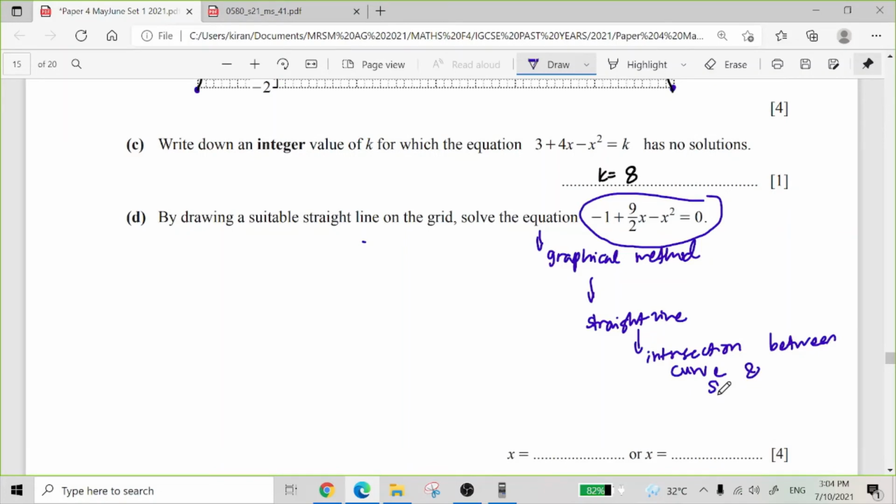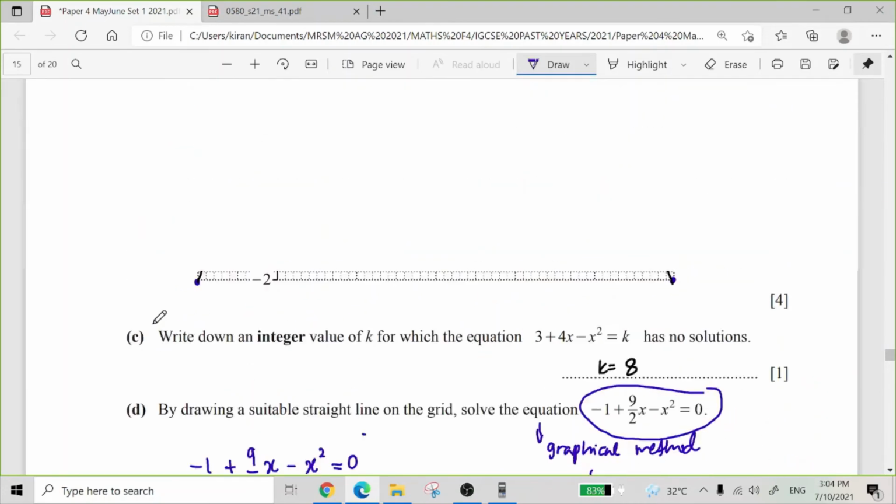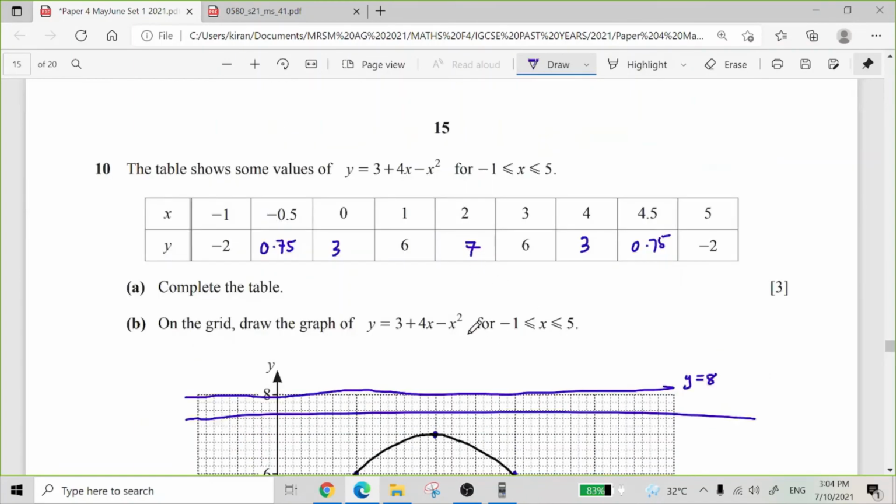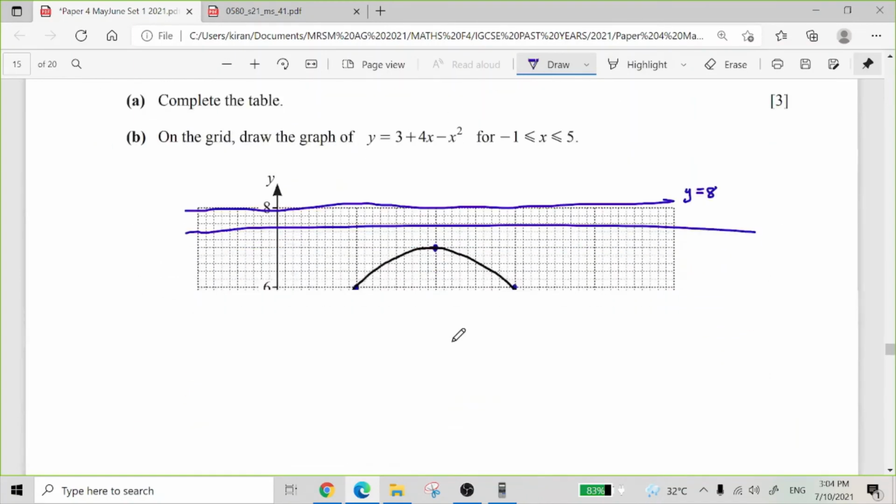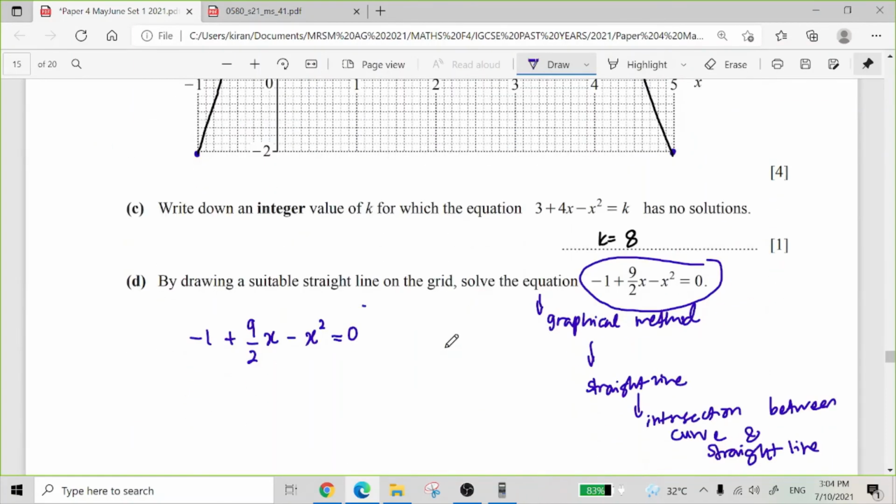So I will draw this part: -1 plus 9 over 2 x minus x squared equal to 0. We take the graph y equal to 3 plus 4x minus x squared.